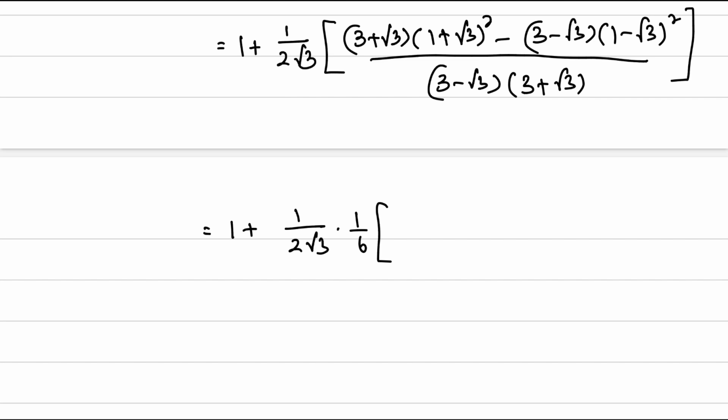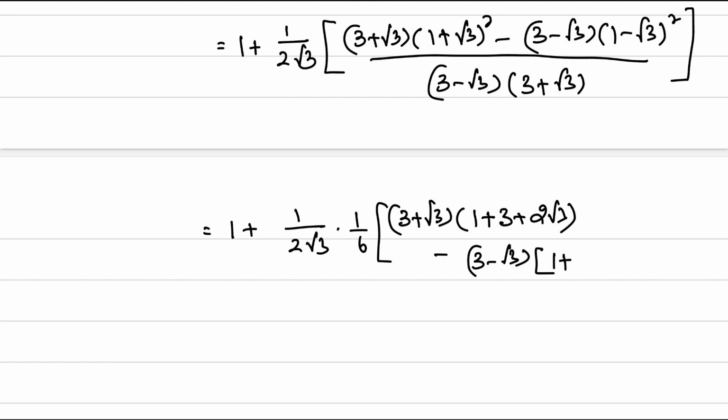This calculation you should be able to do. (1 plus root 3) whole square is equal to 1 plus 3 plus 2 root 3. So we have (3 plus root 3) into (4 plus 2 root 3) minus (3 minus root 3) into (4 minus 2 root 3). We have already taken care of the denominator.